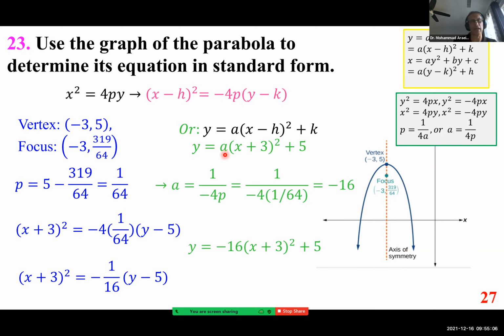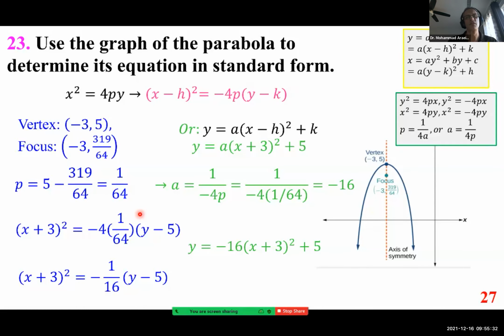And I hope you see that you can go from this format to this format, or from this format to this format. This is the one that we learned in intermediate algebra. If you move the 5, you get y minus 5. And if you move the -16, that means you're going to divide by it, you get -1/16. That's how they do that.